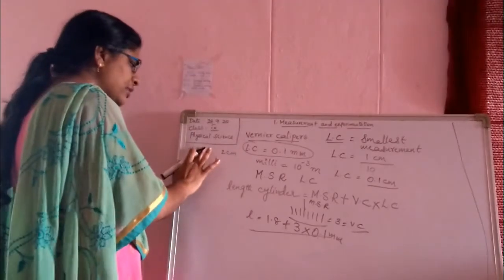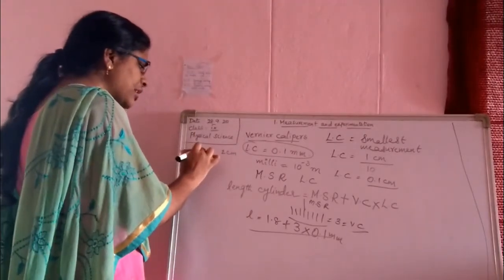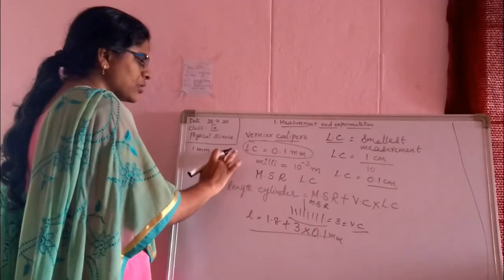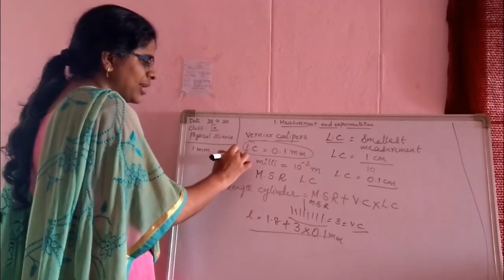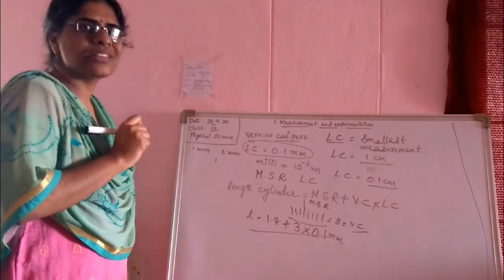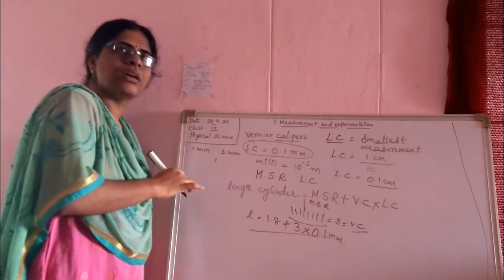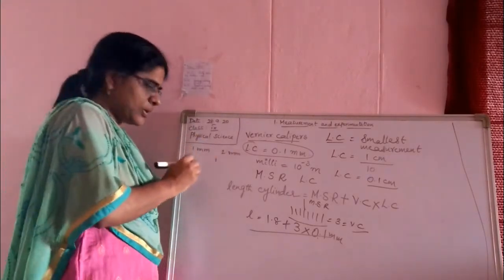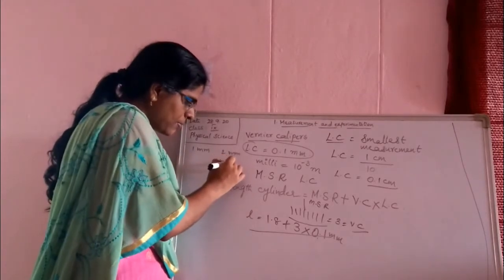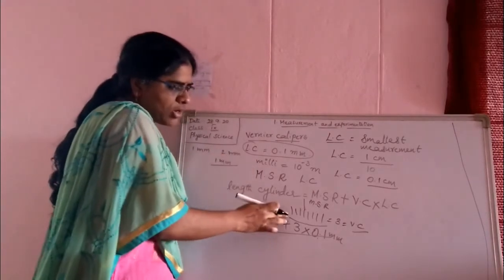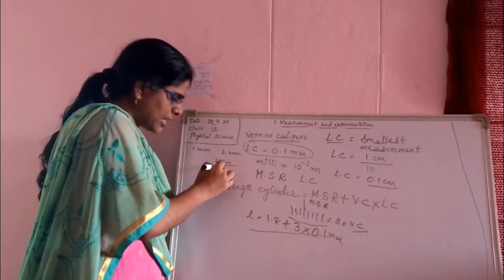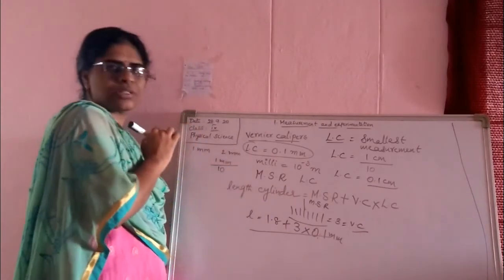But here we will measure it in millimeters. Okay? Millimeters. This is the difference between your ruler and your vernier calipers. 1 mm by number of divisions on the vernier scale, which are 10 divisions.